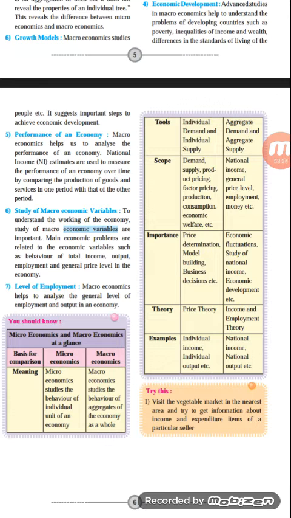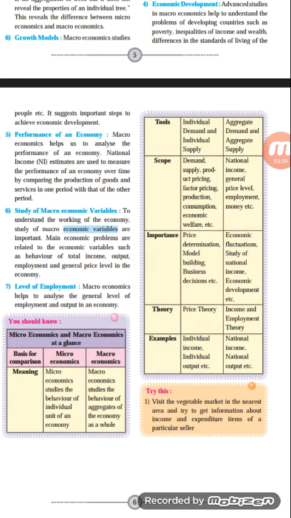So whenever the performance of a particular country needs to be evaluated, we have to find out the total value of goods and services that has been produced by that country in one particular year. And in order to find the positive growth rate, we have to find the difference between the national income of one year and the national income of another year.